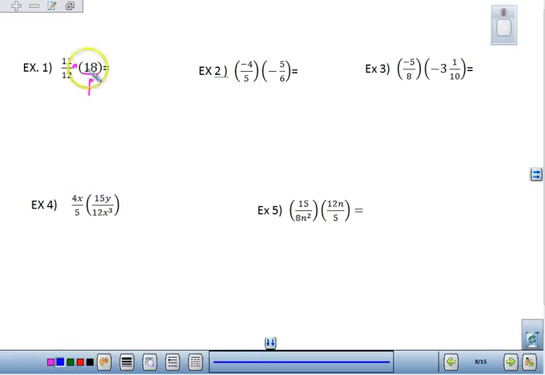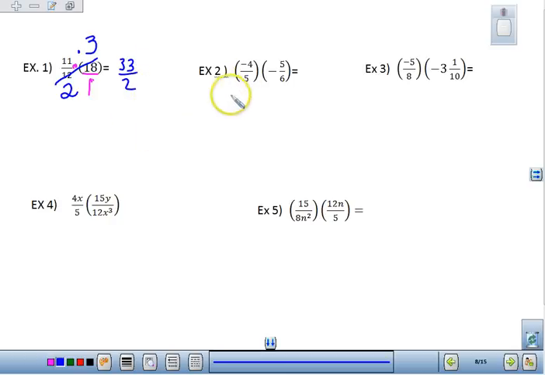I notice that 12 and 18 have a common factor. 6 divides into each. If you wouldn't have recognized 6, maybe you'd recognize 2 or 3. But when we recognize 6, 6 goes into 12 2 times and into 18 3 times. We are now going to take 11 times 3, which gives us 33, divided by 2. We can leave this improper fraction as our solution.